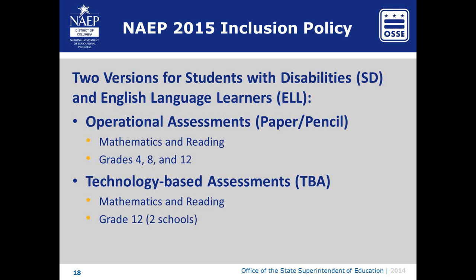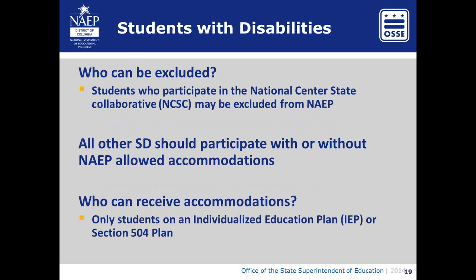At this point, I'm going to go into detail and explain what each accommodation is. But first, I want to talk about which students may be excluded. As far as students with disabilities, students who participate in the alternative assessment for states may be excluded from NAEP.